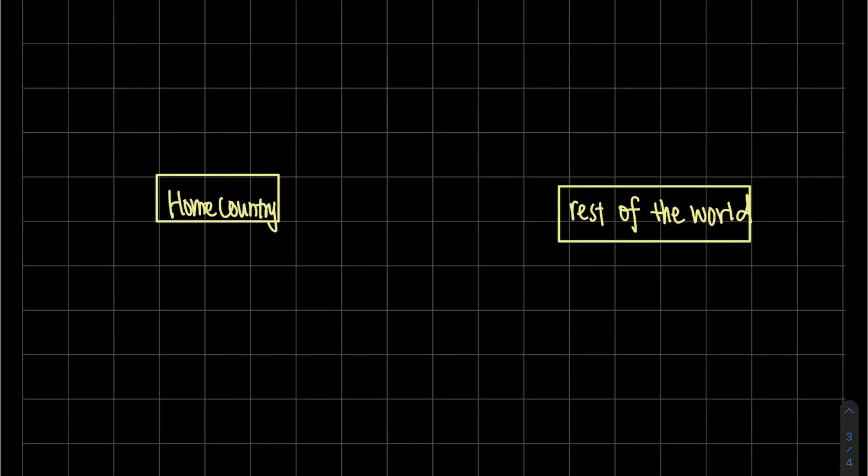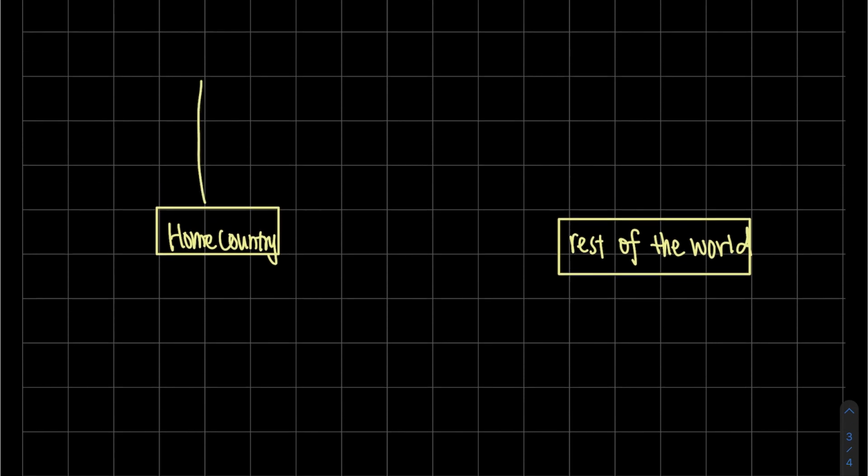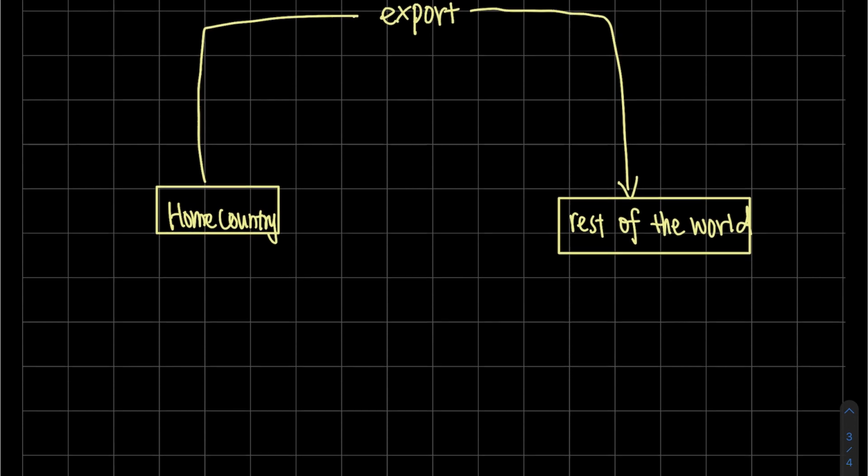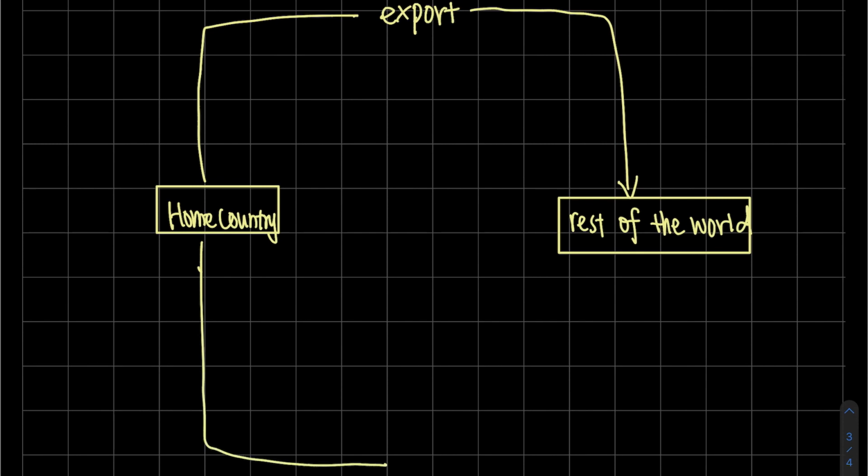The first line we will write as the exports, from the home country to the rest of the world, to another country. And also, we can understand that as the repayment of investment from abroad.